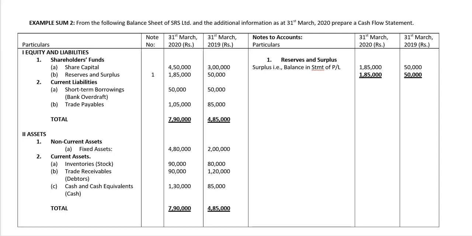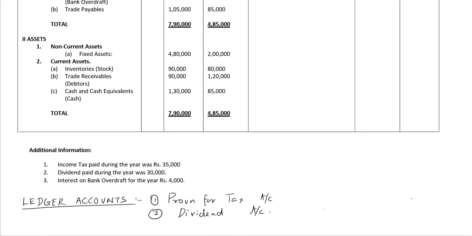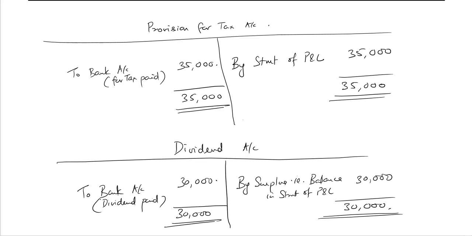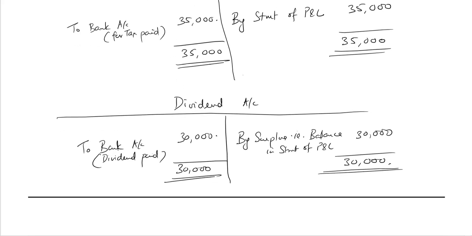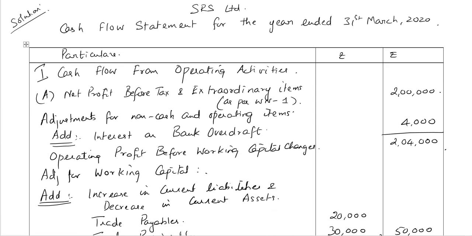Example sum 2 at the top. Additional information and the ledger accounts that we've prepared. These are the two ledger accounts that we've prepared. The solution: cash flow statement.